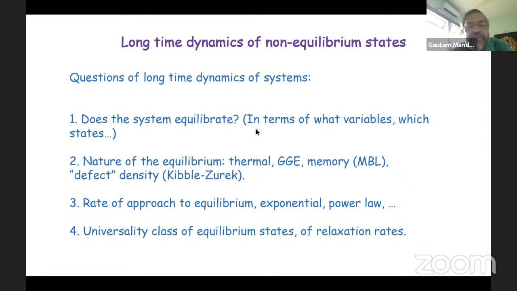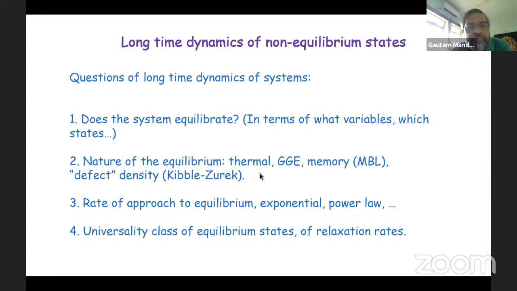And if it does, what does it mean that the system equilibrates? In terms of what variables, which observables asymptote to some equilibrium values? And also, are there some special initial states required for equilibration, or is it a generic statement? These are open questions in general, difficult to prove rigorously, but many results are known in bits and pieces. I will mention some of them.